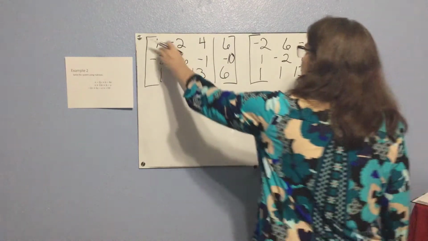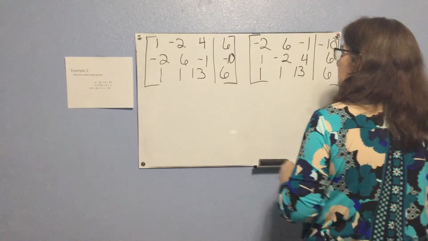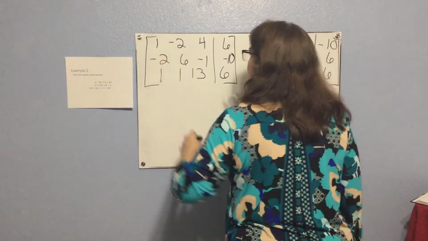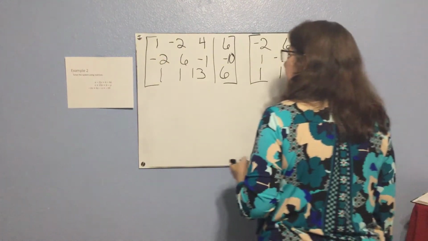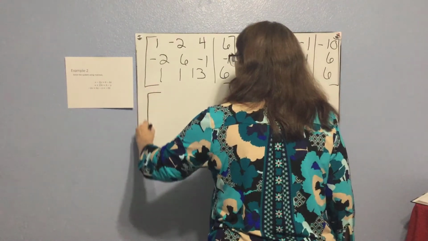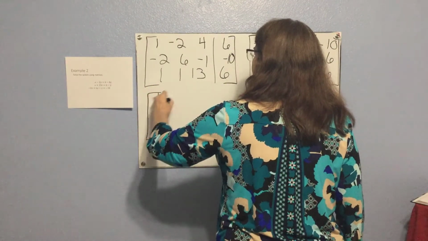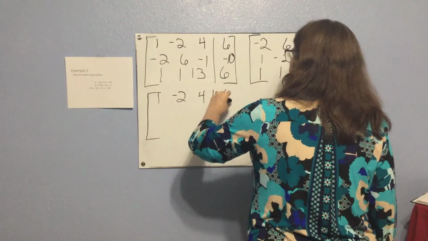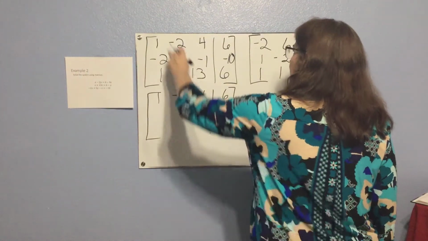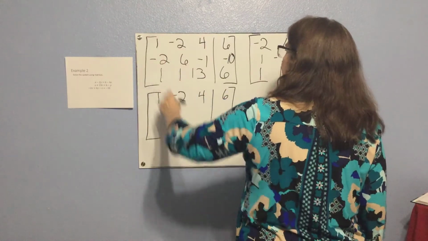I'm going to multiply this row by 2 and add it to this row, because that's going to eliminate that x value there. I've got 1, -2. I don't change anything in the first row. I'm just going to multiply this by 2 and add it to this.